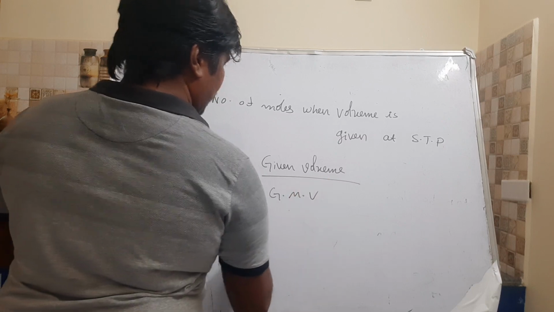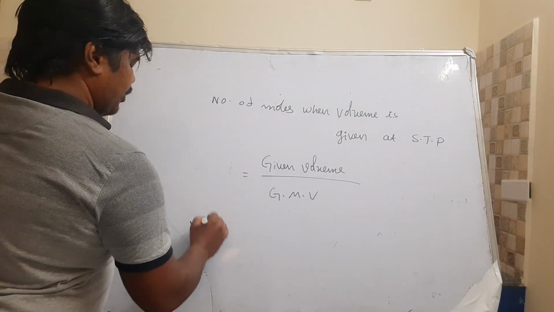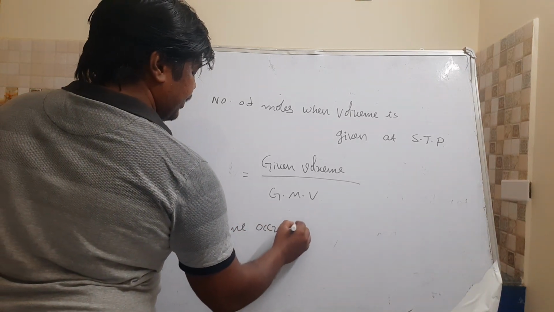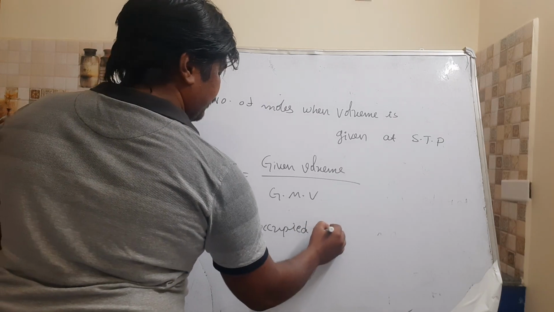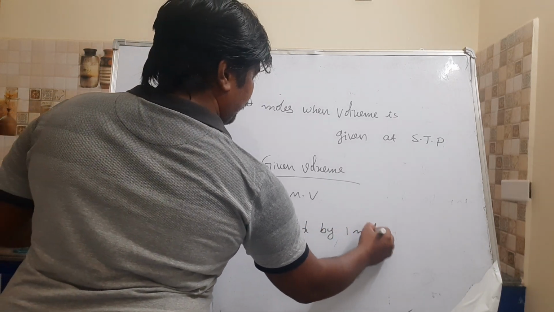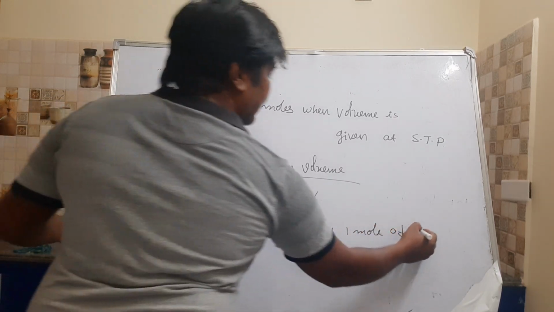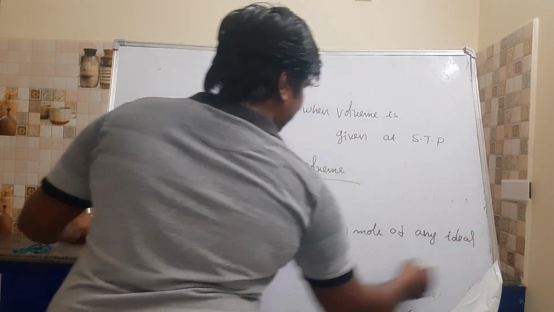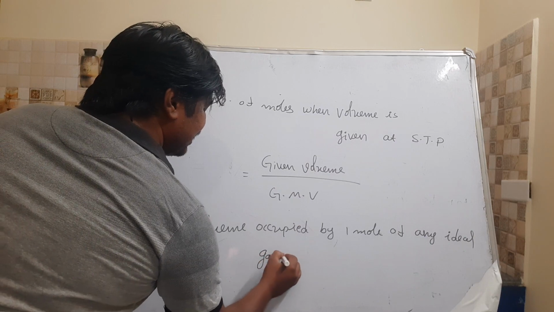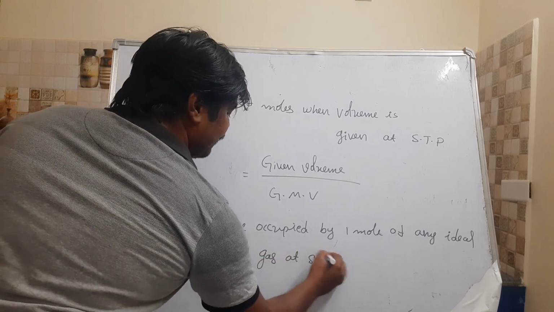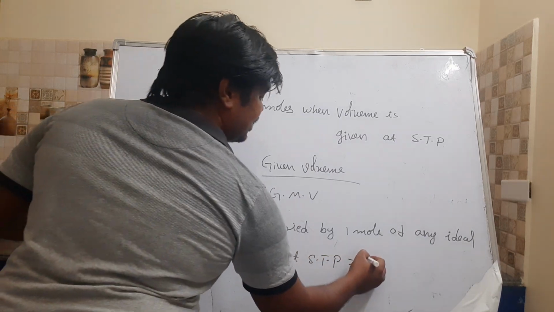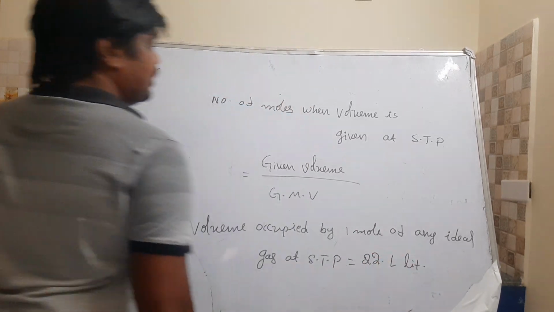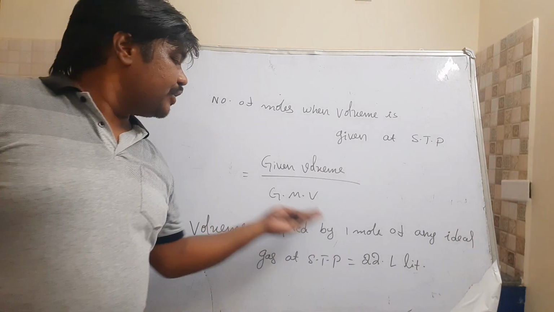Gram molar volume is nothing but the volume occupied by 1 mole of any ideal gas at STP. We know that value from your lower classes, that is 22.4 liters, students. So this you have to substitute here.